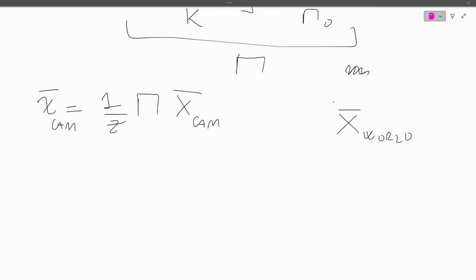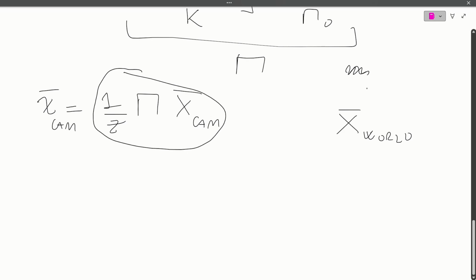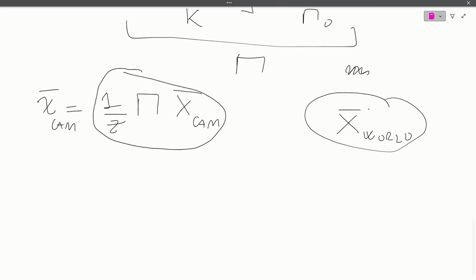So now we can use the same equation as before, okay? But we have to pass from X world to X cam. We just have to find this function here. How can we pass from X world to X cam? We just need a roto-translation, okay?